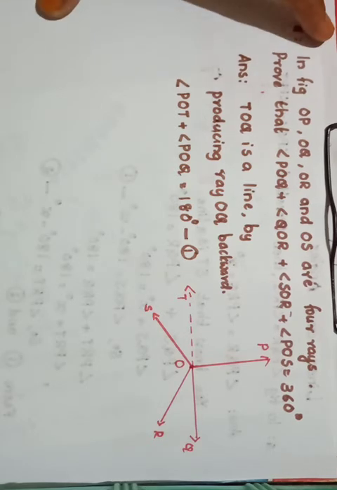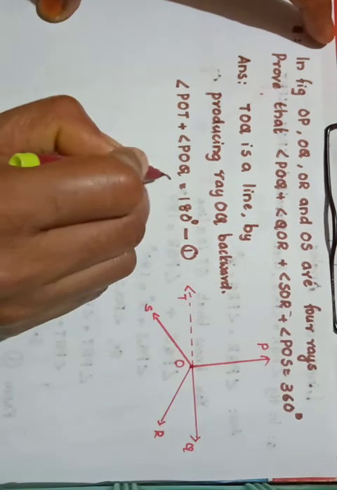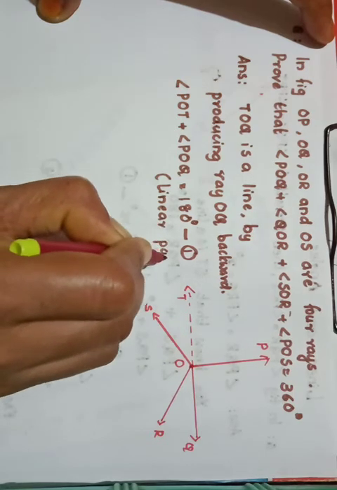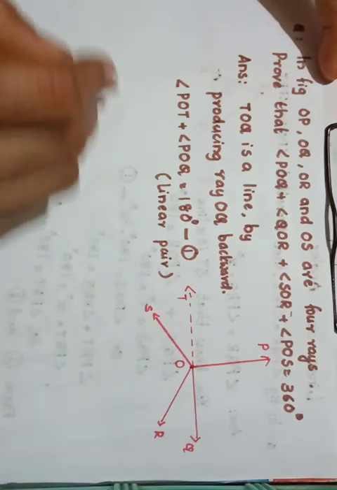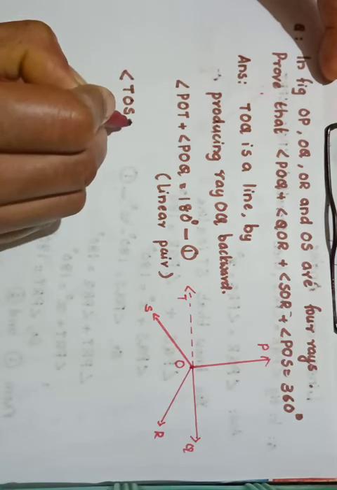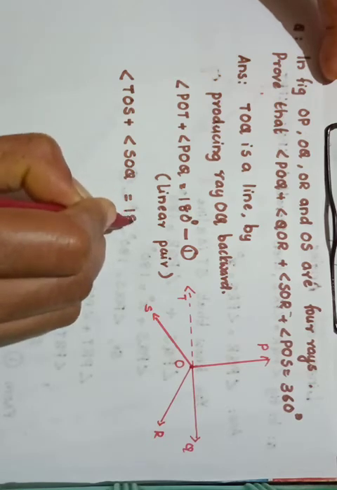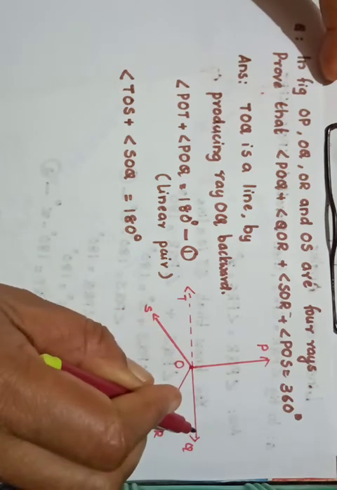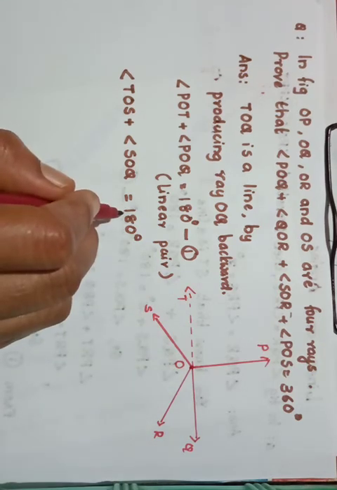Now in the same way, you can take any of the rays, because a linear pair means only two angles we can take at a time. So from the downward angles, I am taking angle TOS and angle SOQ, getting 180 degree. Now it becomes a linear pair.